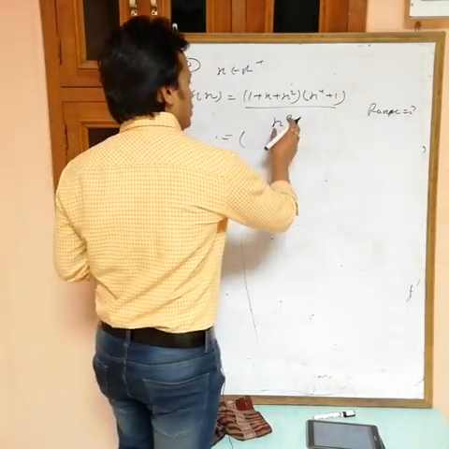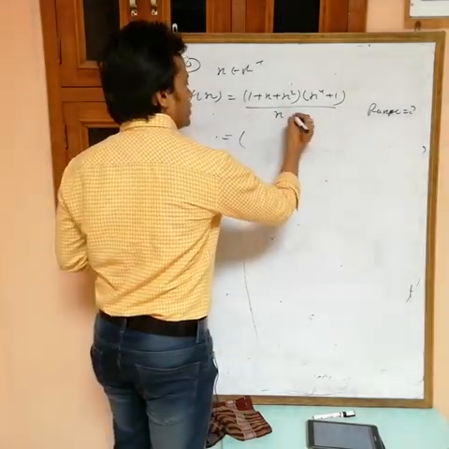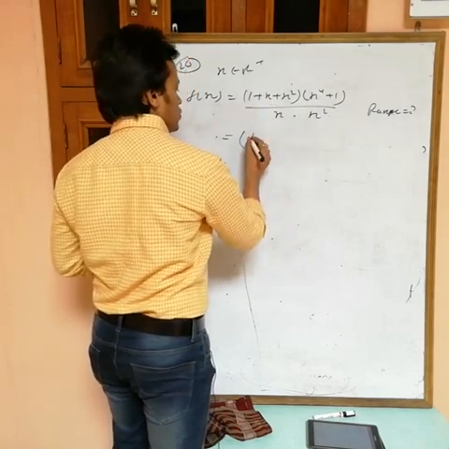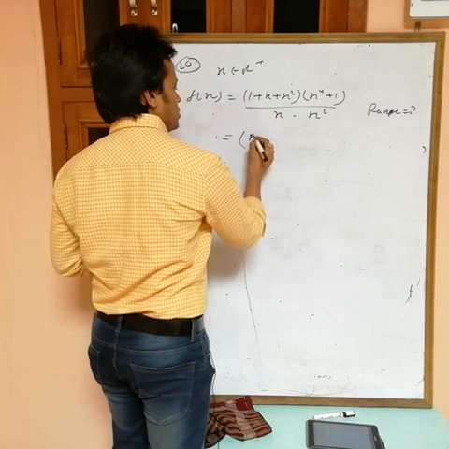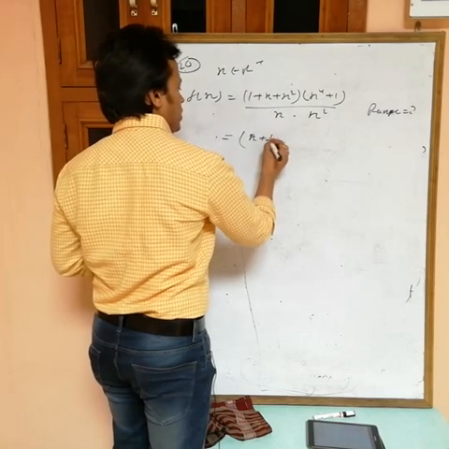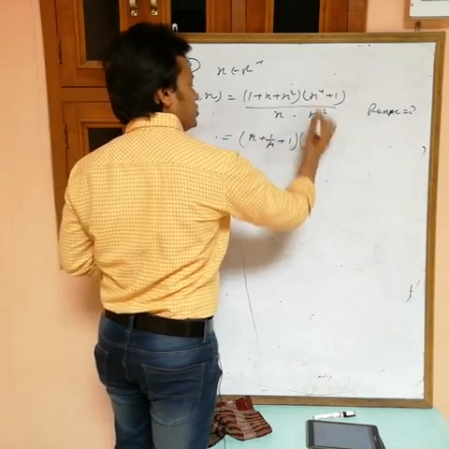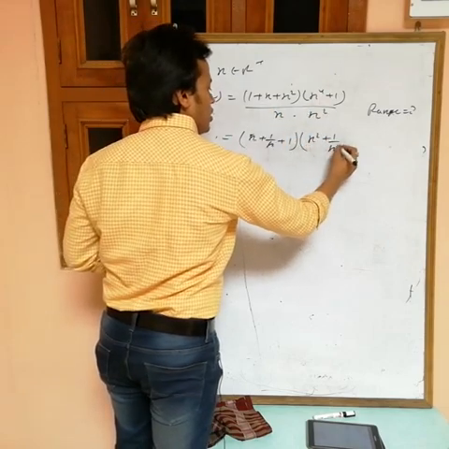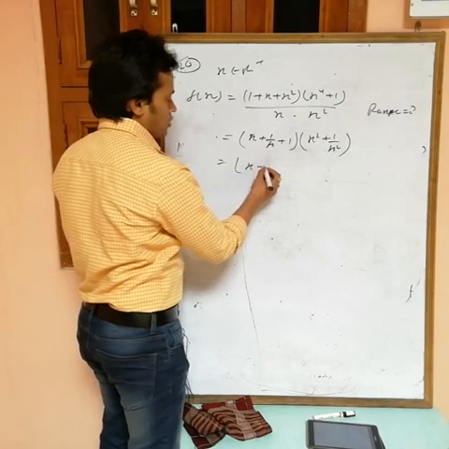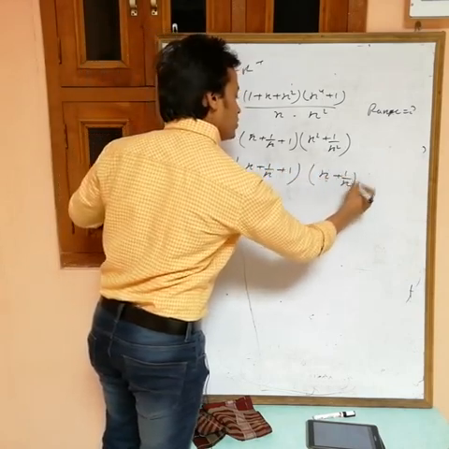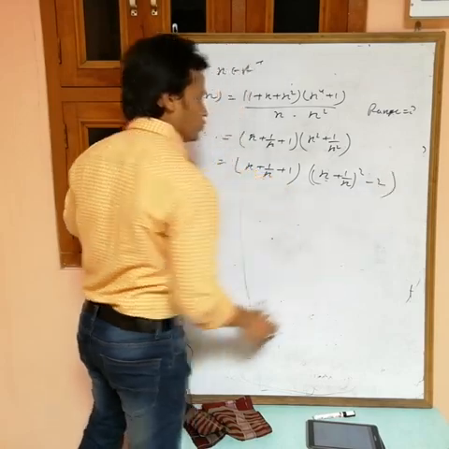Write x cube as x into x square, divide x square in this one, x in this one, and this is x square by x is x, 1 by x and plus 1. If you divide by x square, x square plus 1 by x square, x plus 1 by x plus 1, and this can be written as x plus 1 by x whole square minus 2.